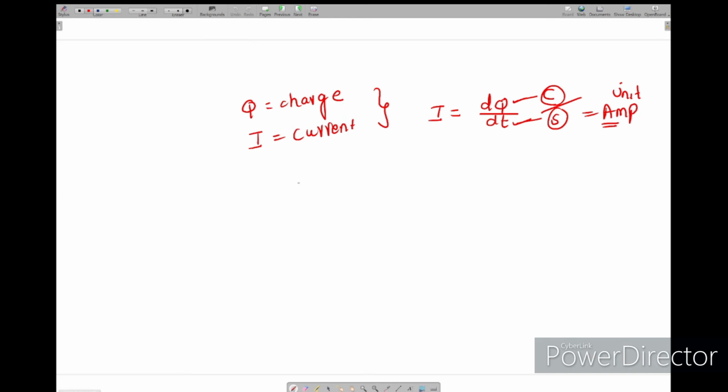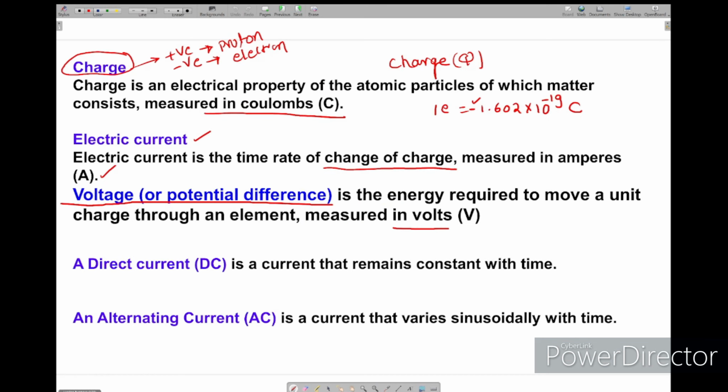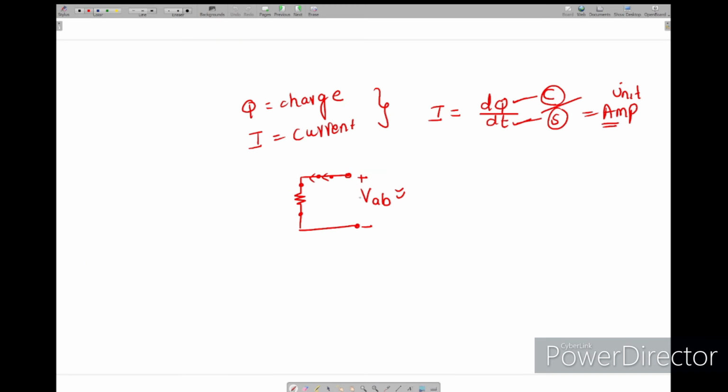If you have one element like a resistor, here whatever we give, we call it VAB. This is the voltage. Voltage means the energy required to move a unit charge through the element. That is called voltage.